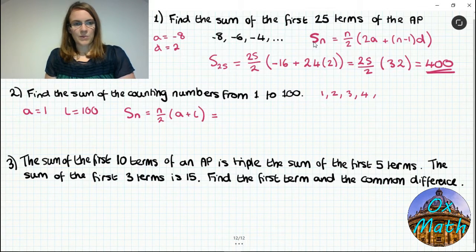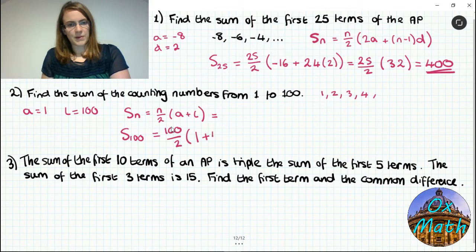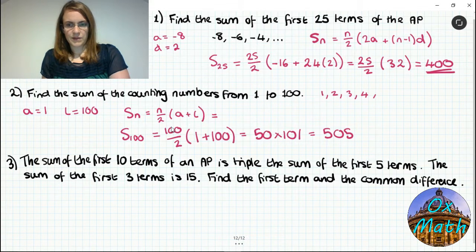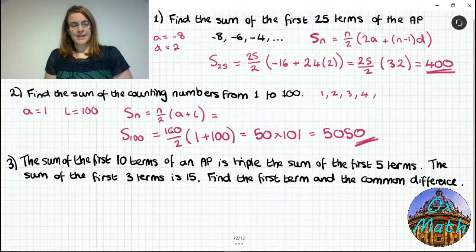So n, I want the counting numbers from 1 to 100, so I actually want the first 100 terms. So 100 over 2 times my first term 1 plus my last term 100. So it's actually 50 lots of 101, so 5,050.